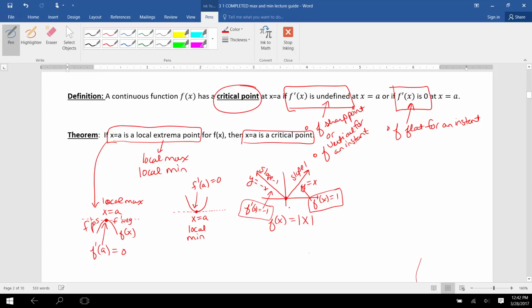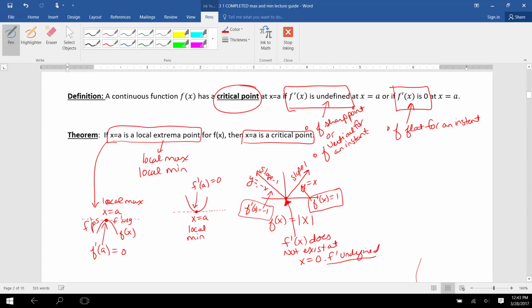So of course the question becomes, what is f prime right at the instant when x is 0, right when it changes from being y equals negative x to y equals x? And the answer is that f prime of x does not exist. It is undefined at x equals 0.